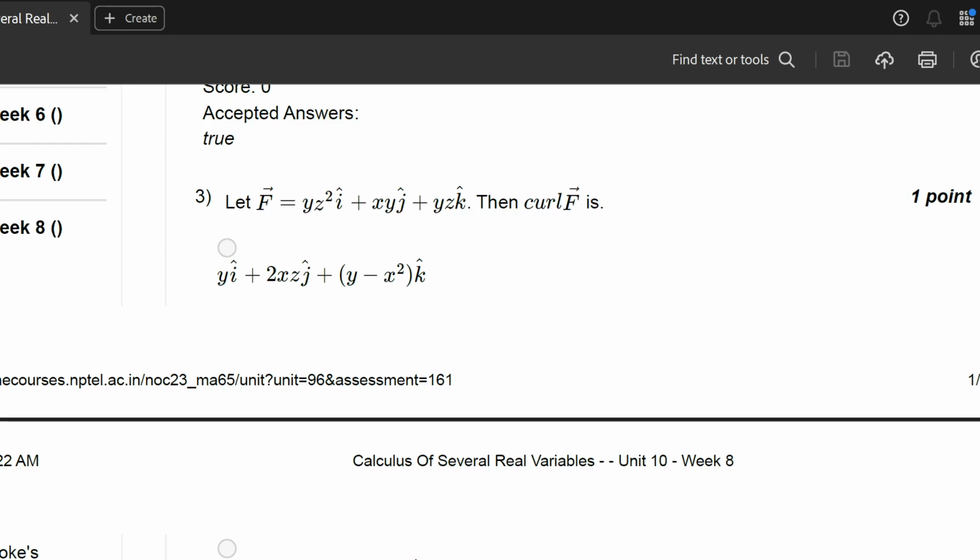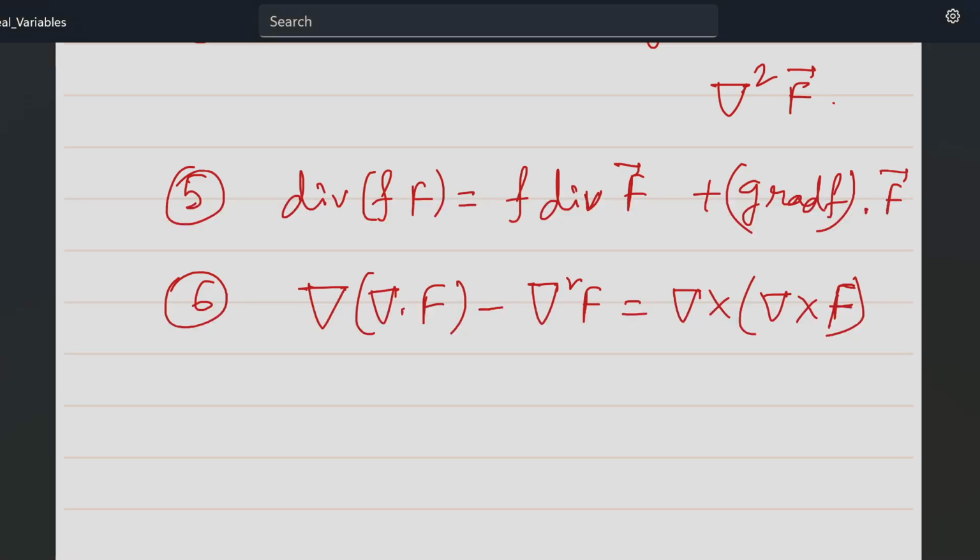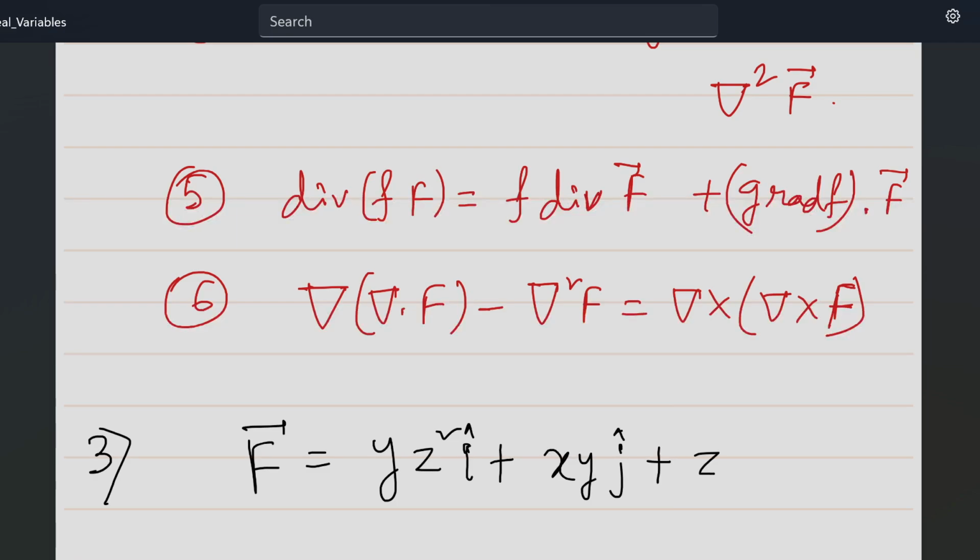Okay, so I'll write question number 3. Question number 3: if F is given as yz squared i plus xyz j plus zyz k, find curl of F. So this is nothing but the determinant i, j, k, del x, del y, del z, yz squared, xyz, and so on.